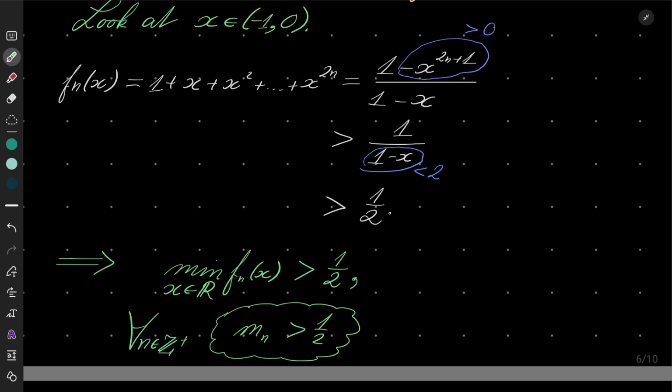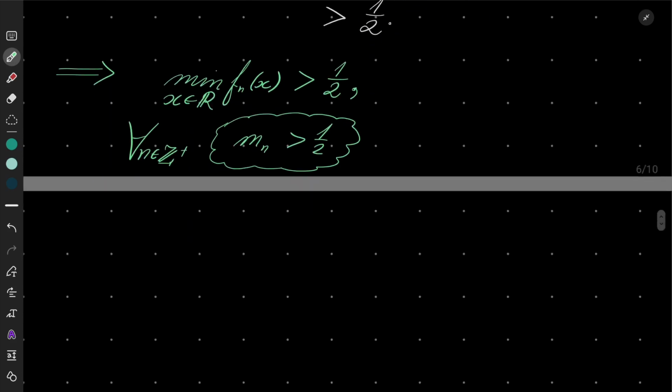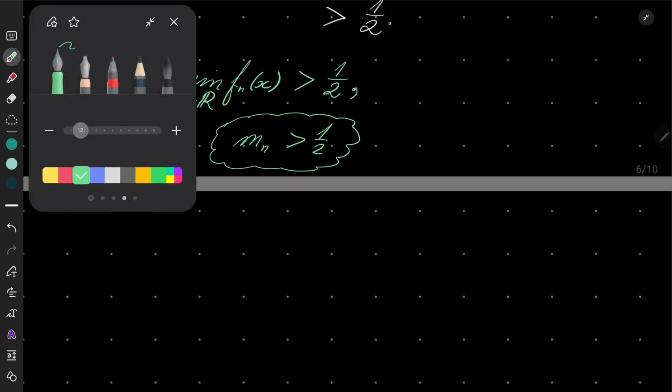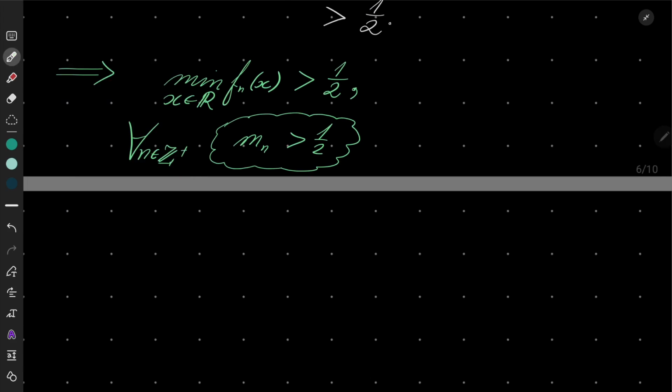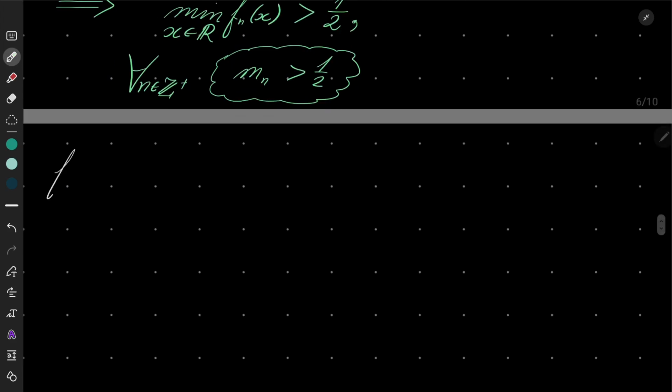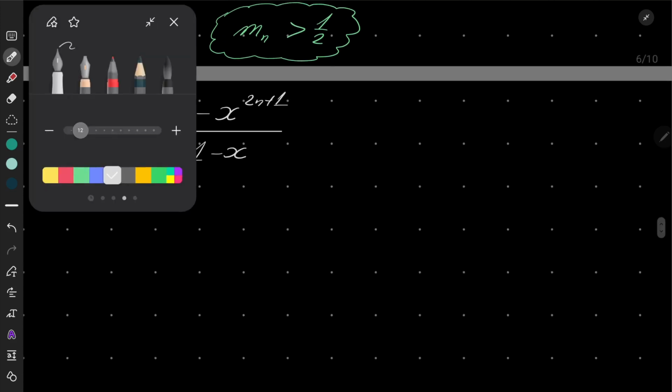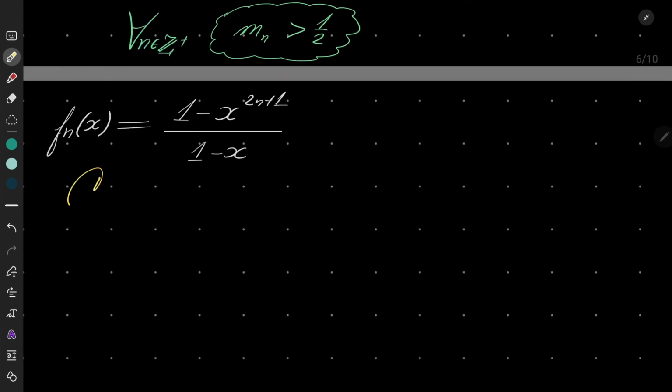Now the really hard part is finding the other bound from above. And to do that, I will write once again that f sub n of x, I have derived this formula, and I will consider plugging in x sub n, which I define in the following way: -1 plus 1 over square root of n.